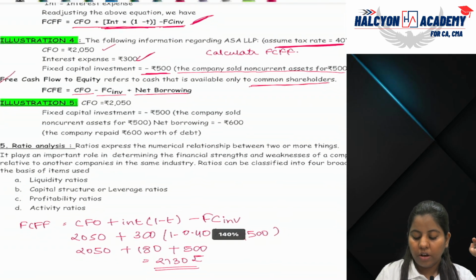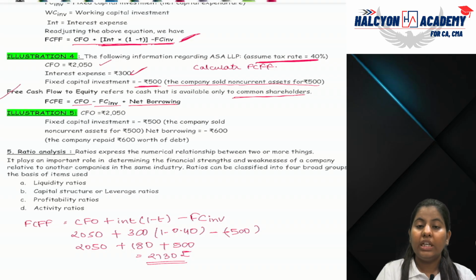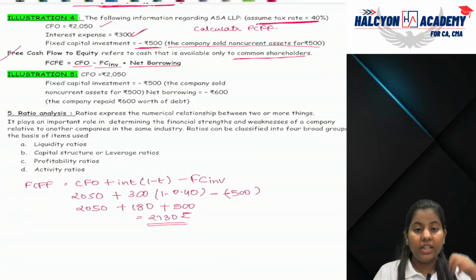So this was free cash flow to equity. Is it clear to you all? I hope it is clear. Please read it and then we will solve our illustration number 5, which is related to FCFE.